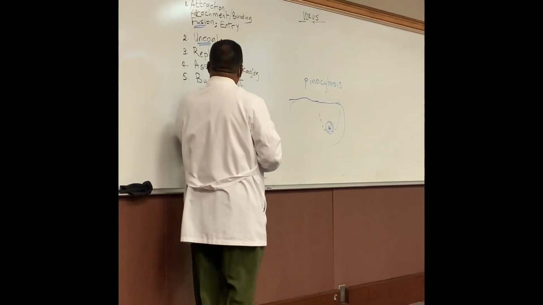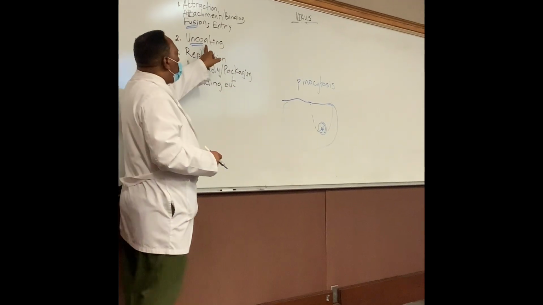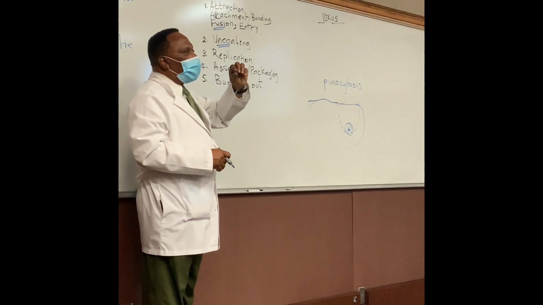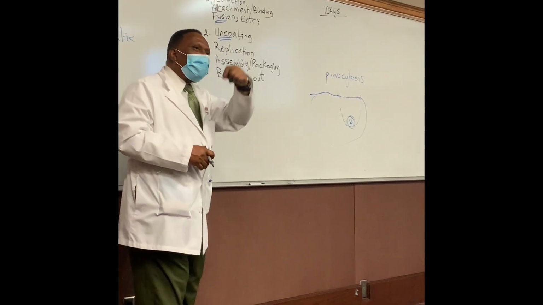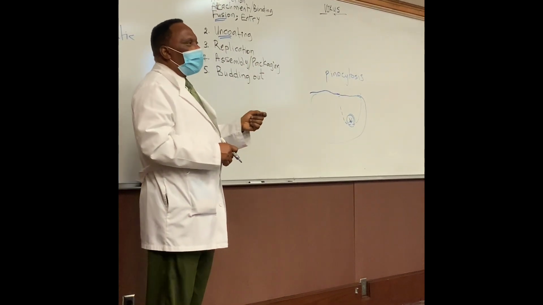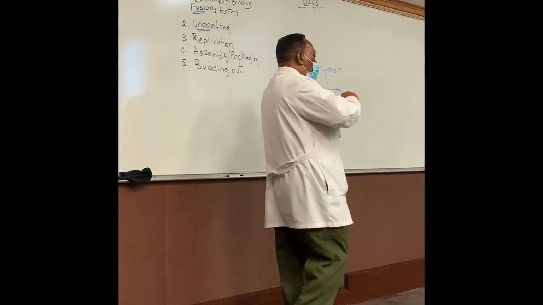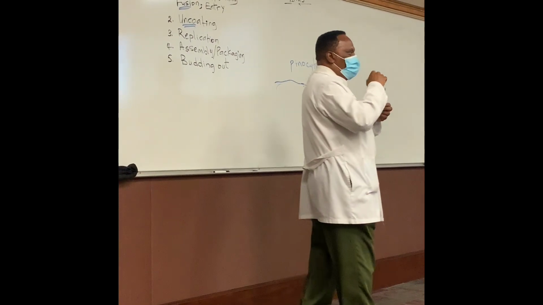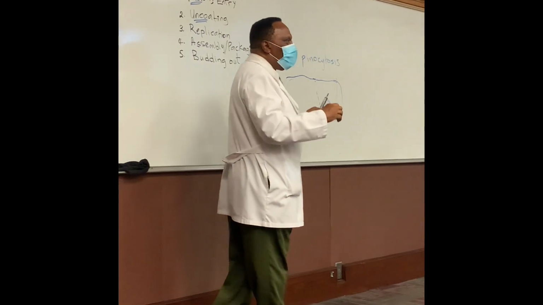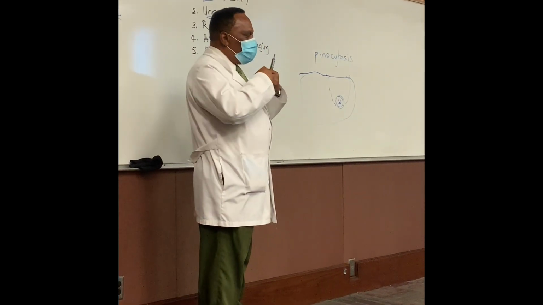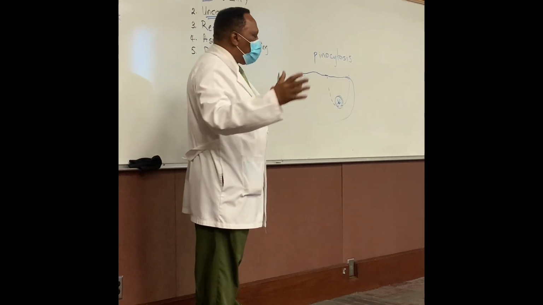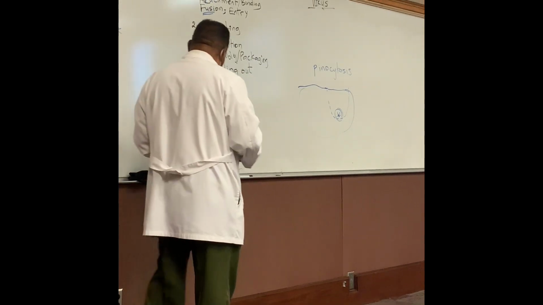And the uncoating of the virus actually needs the help of the host cell also. So the host cell enzymes also help to uncoat that virus, so that the genome of the virus is now released into the cell medium.